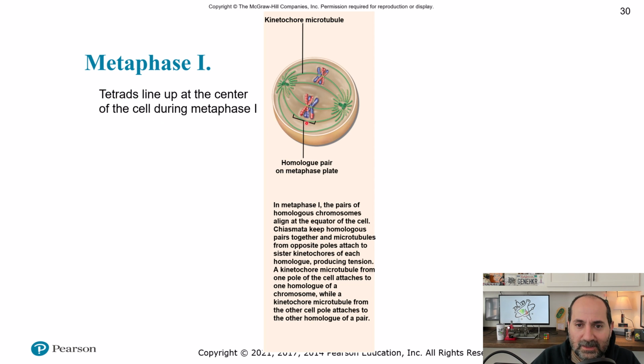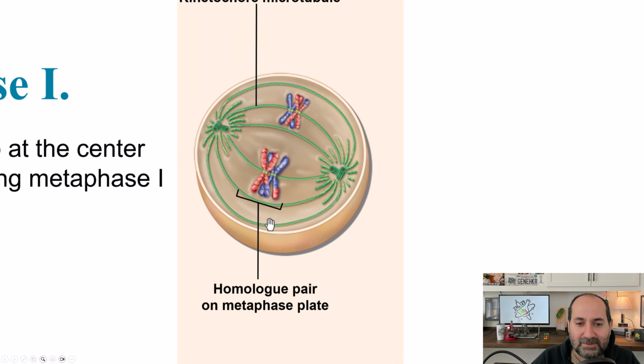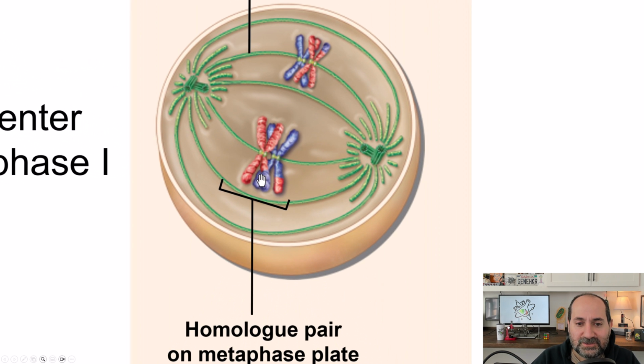Remember that imaginary plate called the metaphase plate? So during mitosis, it was the sister chromatid pairs that lined up at the center of the cell. But during metaphase I of meiosis, it's the tetrads that line up at the center of the cell. And remember, those tetrads have undergone crossing over, so the little tips have been swapped over.